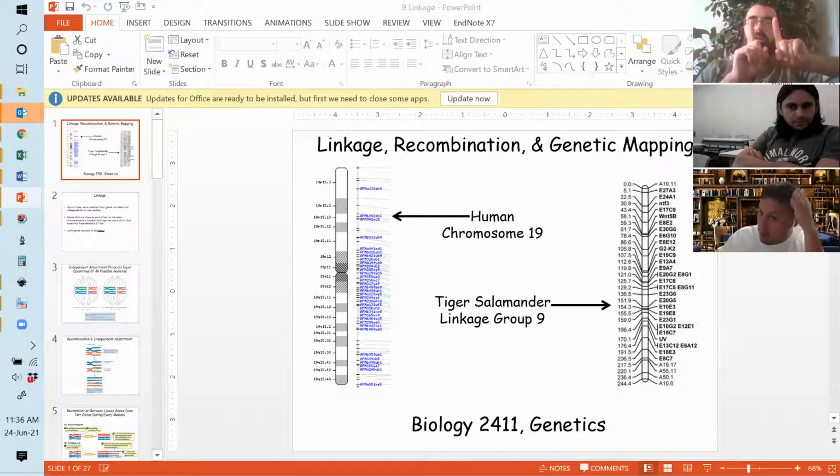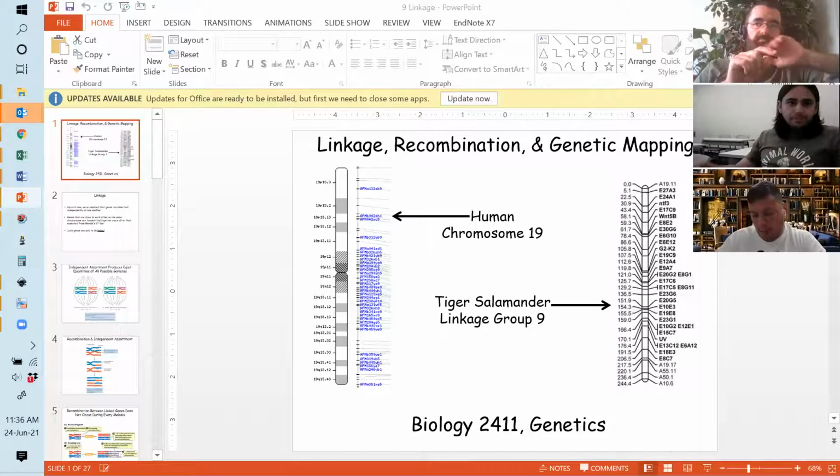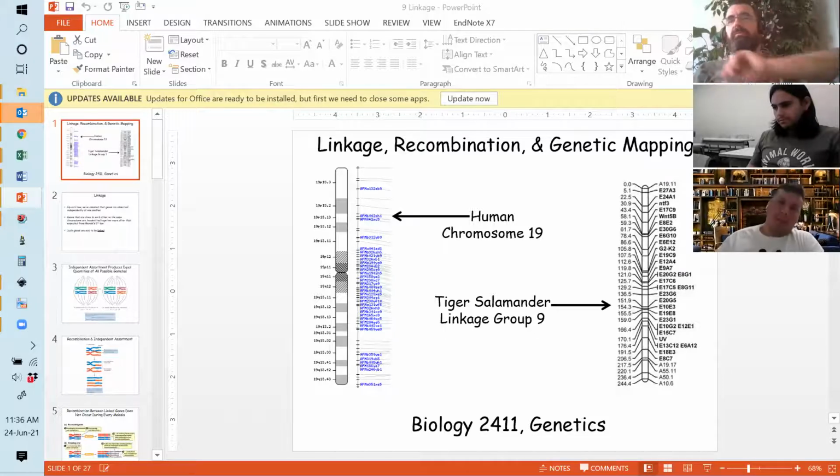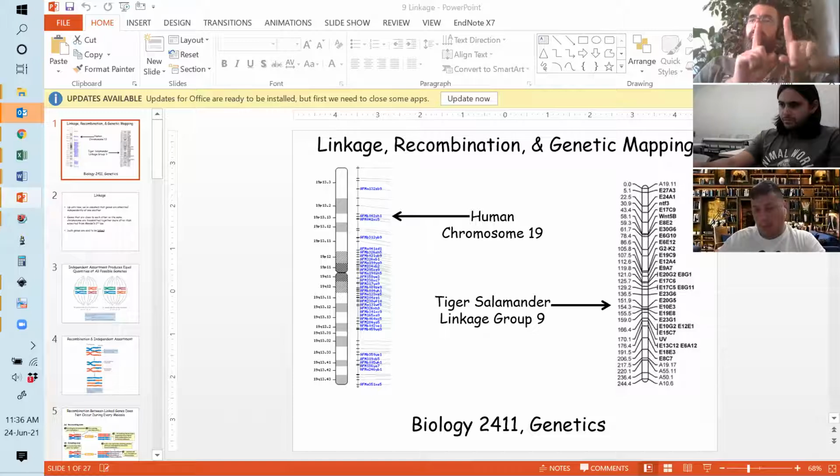But if you're looking at recombination between 2 points, the probability of that happening, and again, this is 2 points on the same chromosome, right? Put that down just in case. The probability of that occurring is going to increase the further apart they are.